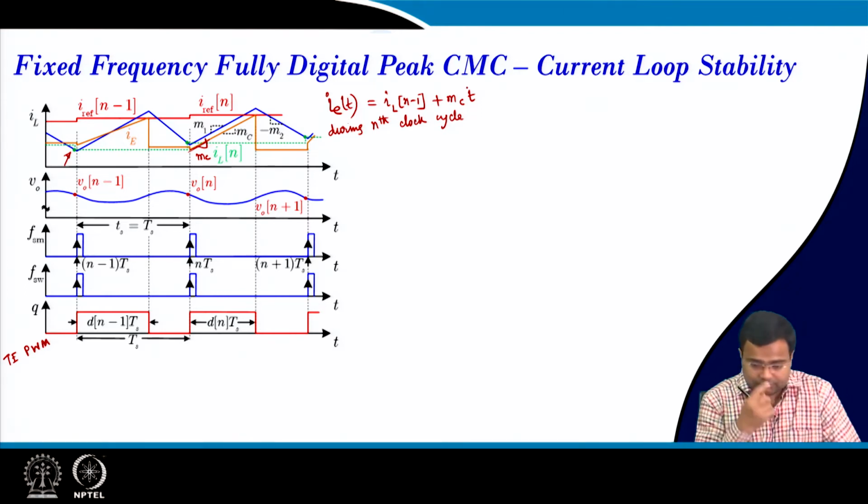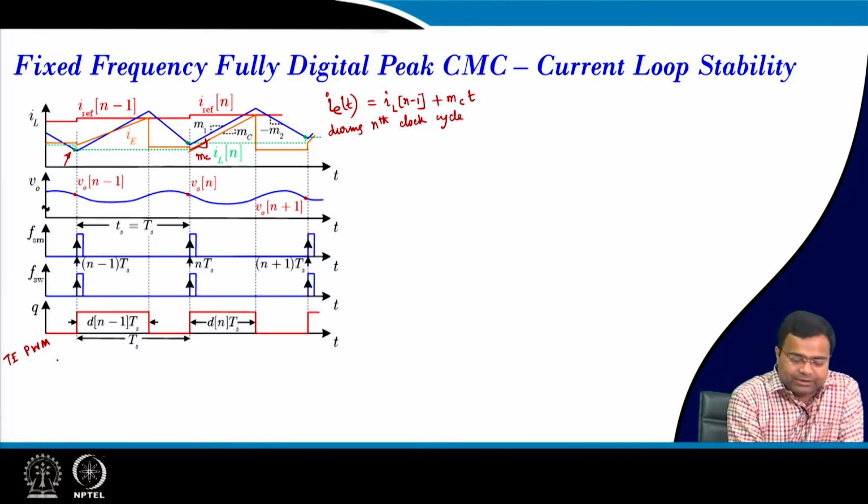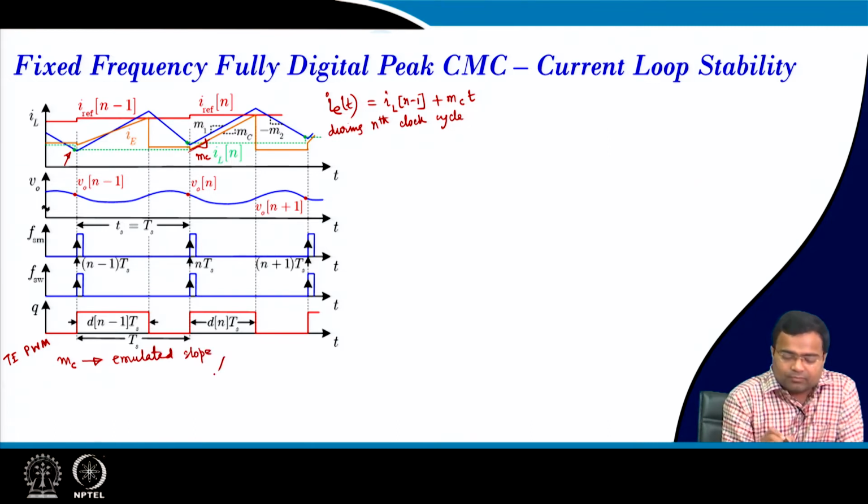Now, the question is, one might think that under steady state, if you take the MC to be exactly identical to M1, that means MC, the emulated slope, and M1 is my actual slope, right.